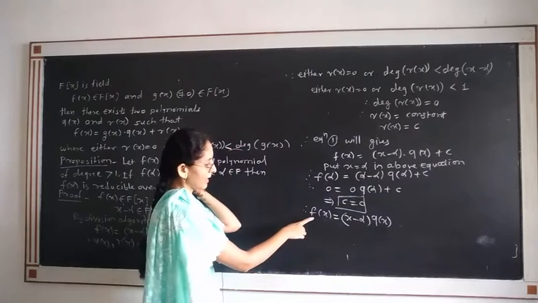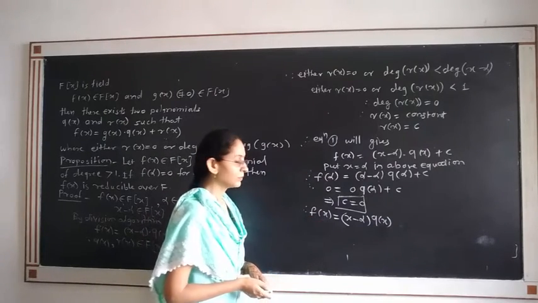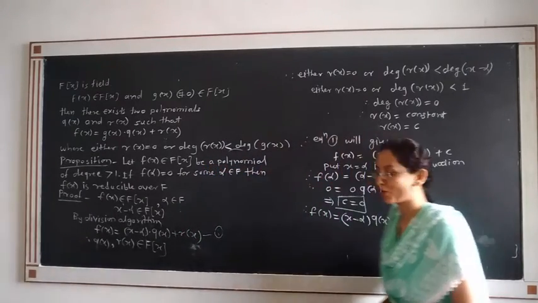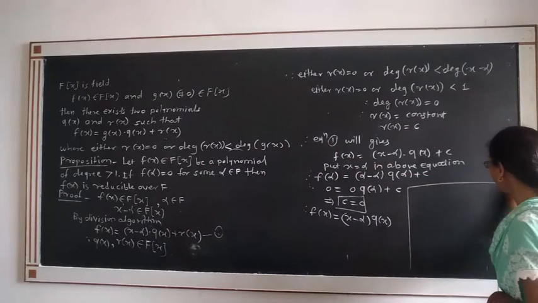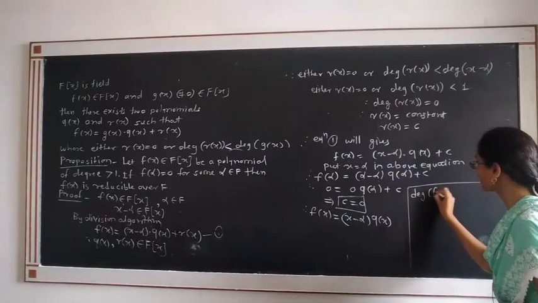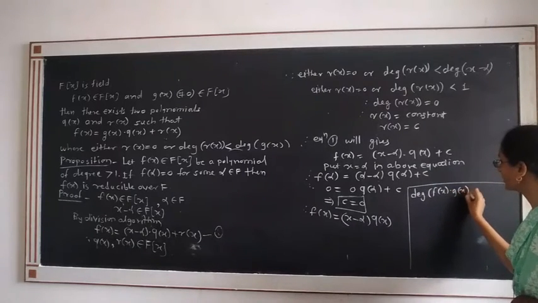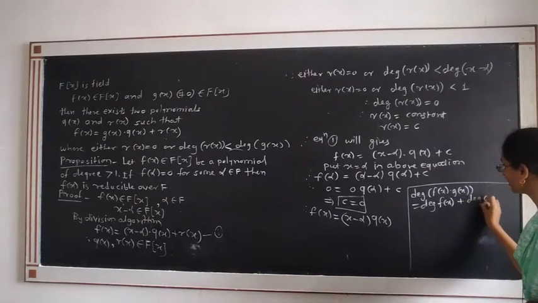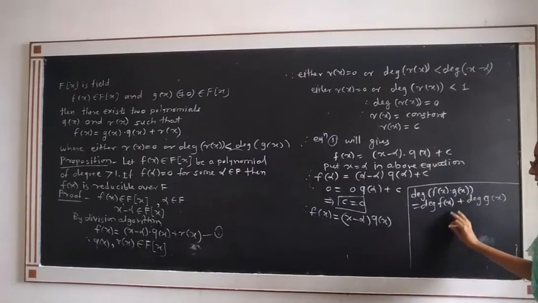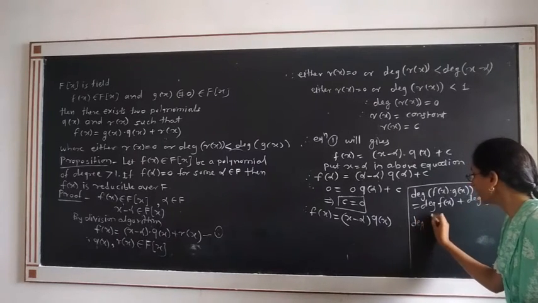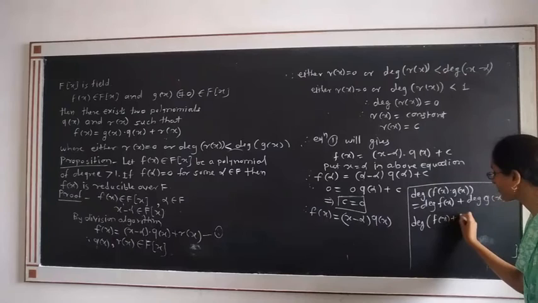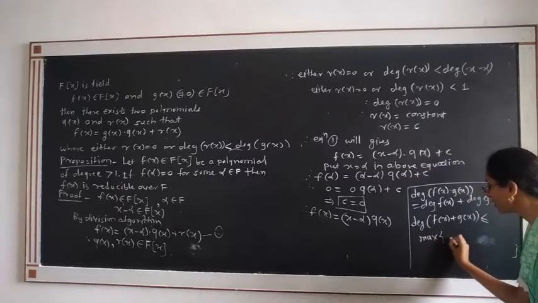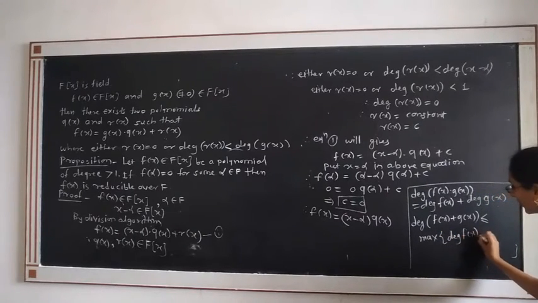Now see that degree of f(x) is strictly greater than 1, and you have two results for the degree of the polynomial. Which are those results? The degree of f(x) into g(x) is equal to degree of f(x) plus degree of g(x), and the other result is degree of f(x) plus g(x) is less than or equal to the maximum of degree f(x) and degree g(x).